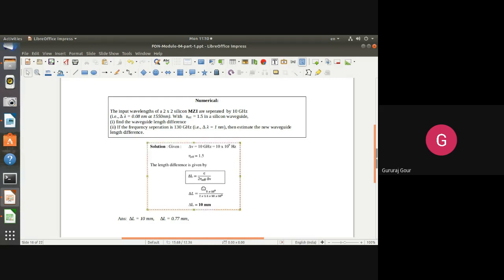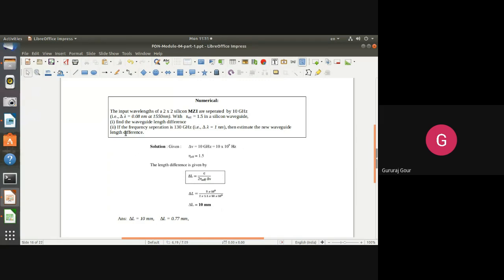I want you to check this because I have written 10 mm. If you get a different value, you can quote me in the WhatsApp group and I will correct the unit. So delta L for n effective 1.5 will be 10 millimeter.